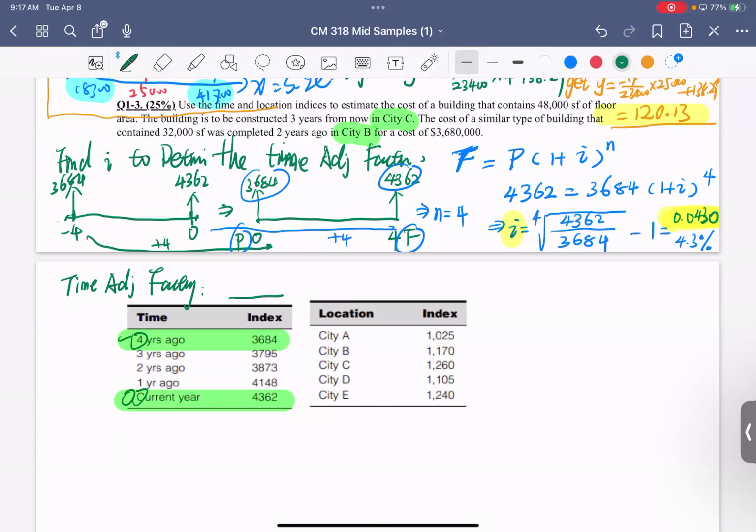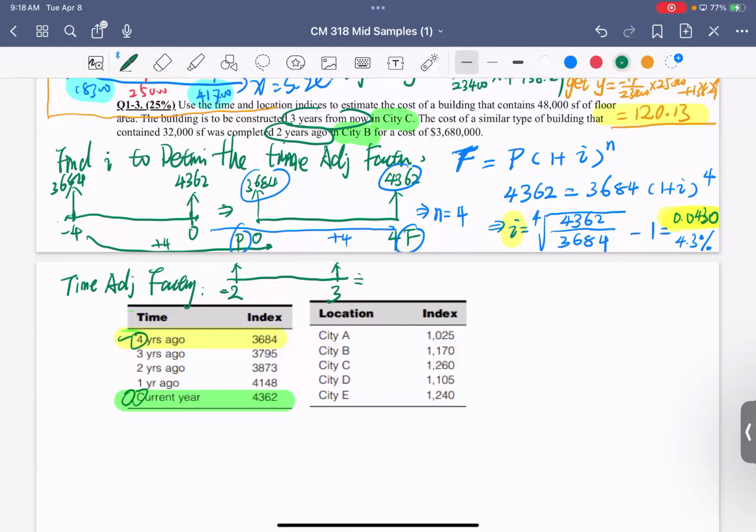The problem statement tells you that you have a project that was constructed 2 years ago, and your new one will be 3 years from now. So this is your cash flow chart: you have -2 years ago, and you have 3 years from now.